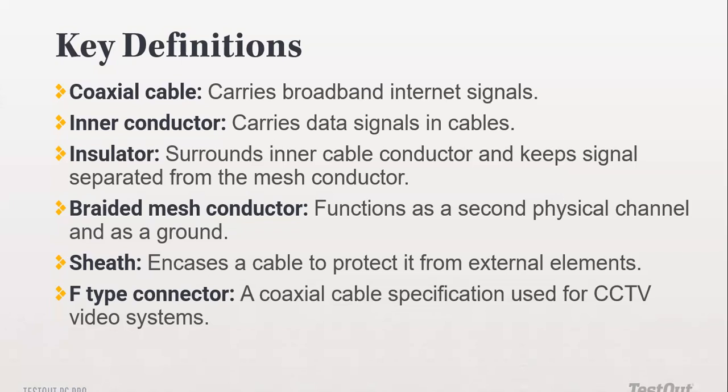Do you understand? Yes, sir. So what the insulator does is that because there's also electricity that's going to pass through the braided mesh conductor, the insulator separates the current passing through the mesh from the current that is passing in the inner conductor. The same way you have three separate cables inside a normal electric cable that transmit electricity.